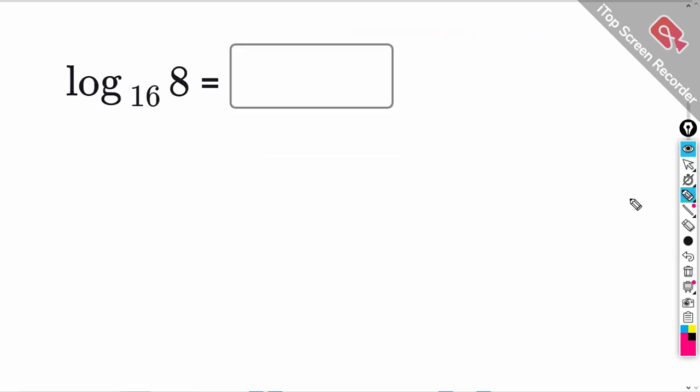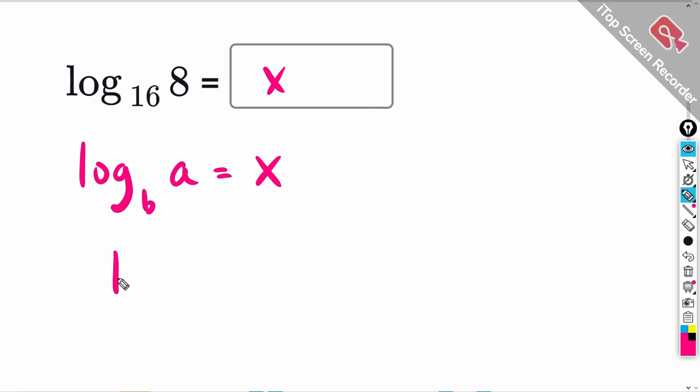All right, here we have log base 16 of 8. So this is in the form of log base b of a equals x. And translating to exponential, that's going to be b to the x equals a. So I can see that b, the base, is 16.